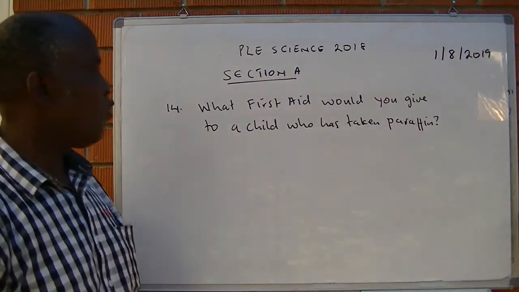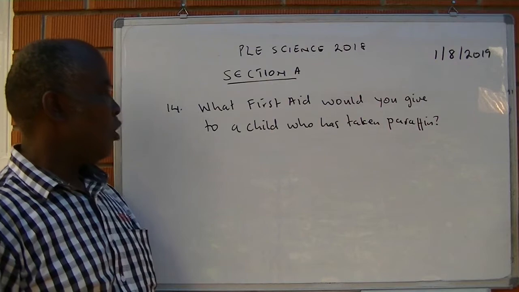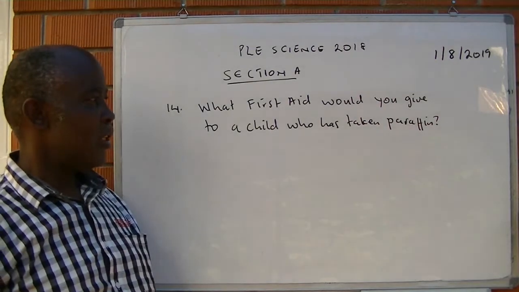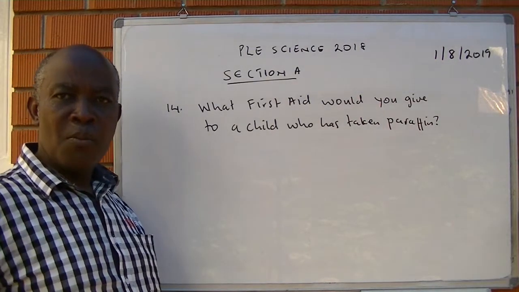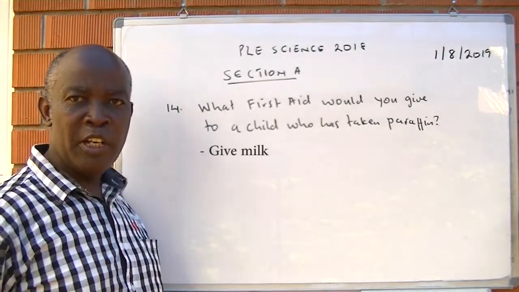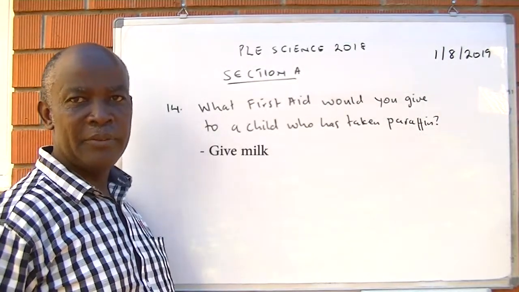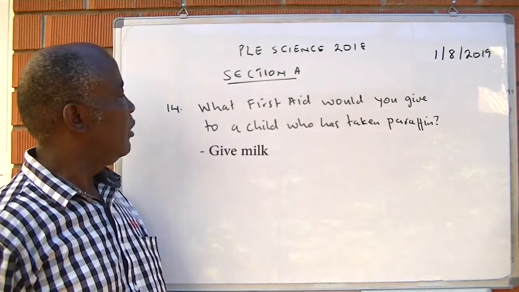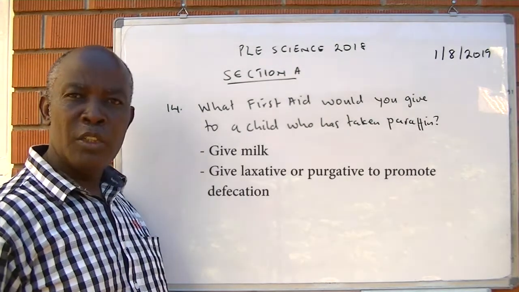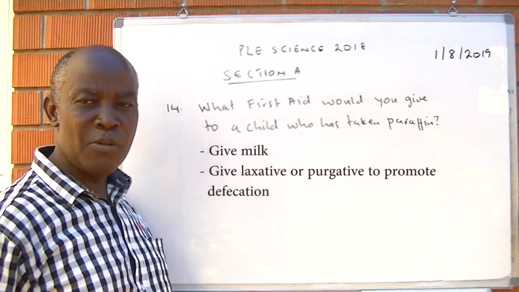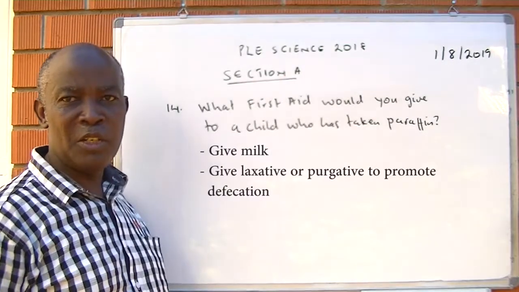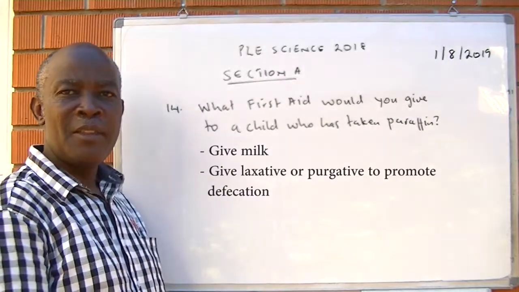Number 14. What first aid would you give to a child who has taken paraffin? You give a lot of milk. 2. You give laxatives to promote defecation of the paraffin.